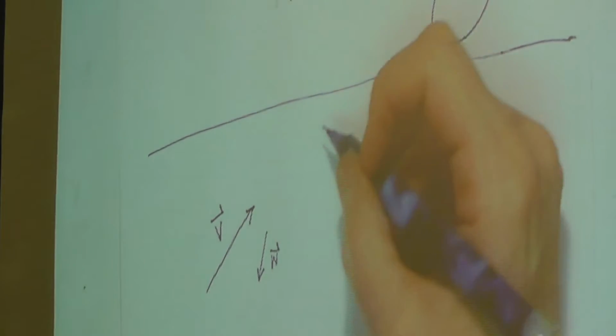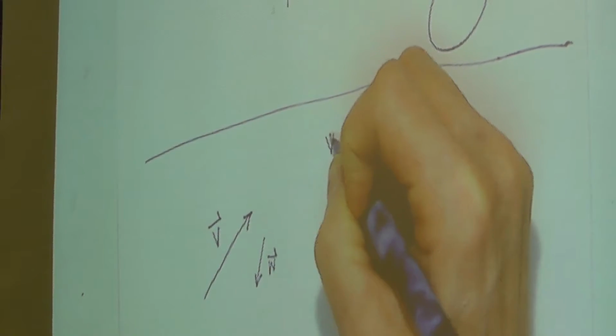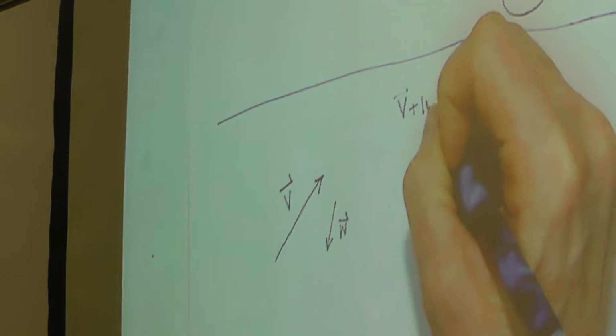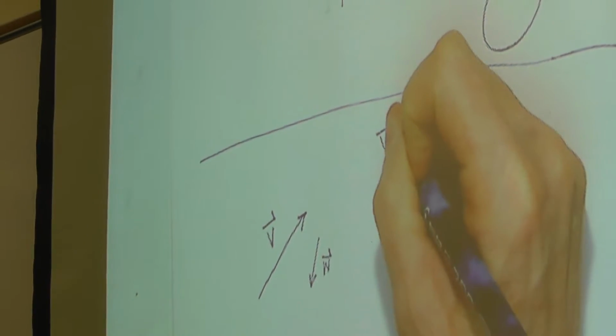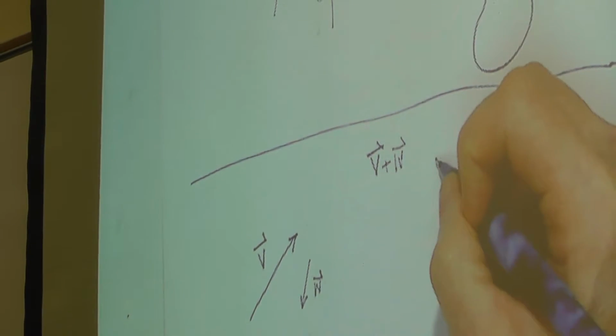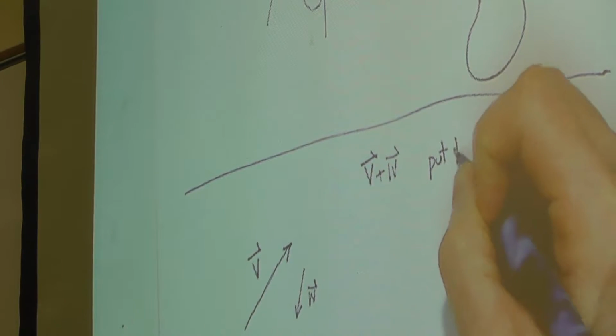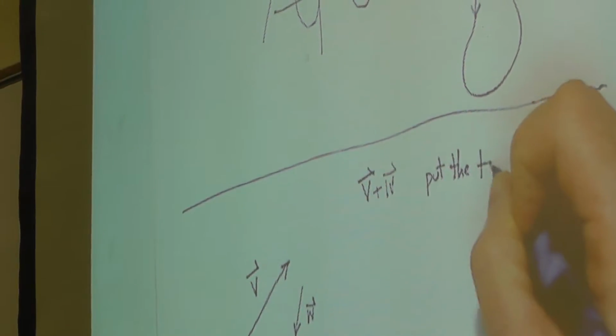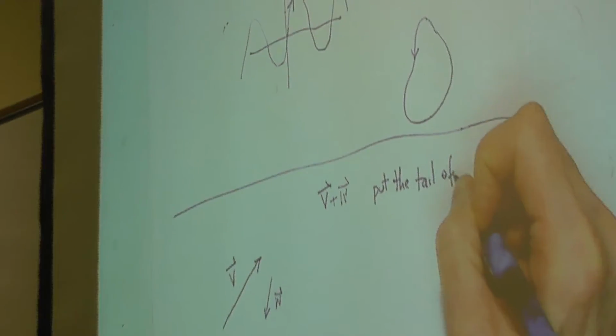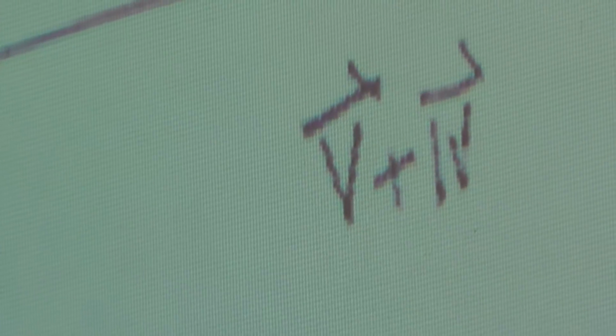So that included adding and subtracting two vectors. So visually, what we do when we look at V plus W is put the tail of one vector onto the head of the other.